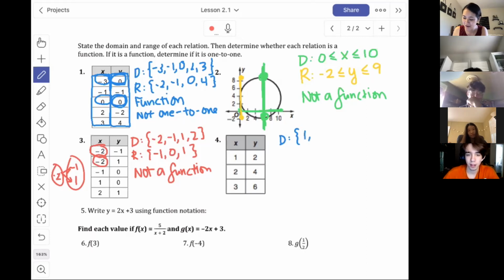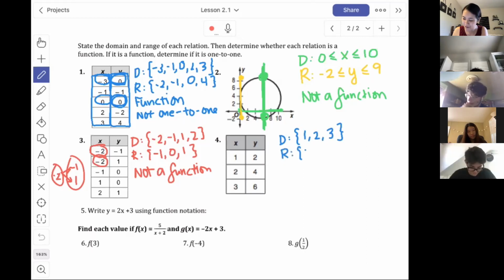Yeah, you got it. Nice. Okay, and then the range, Liam, what should the range be? 2, 4, and 6. Perfect. Right? Yeah, you got it. You're good. Nice.